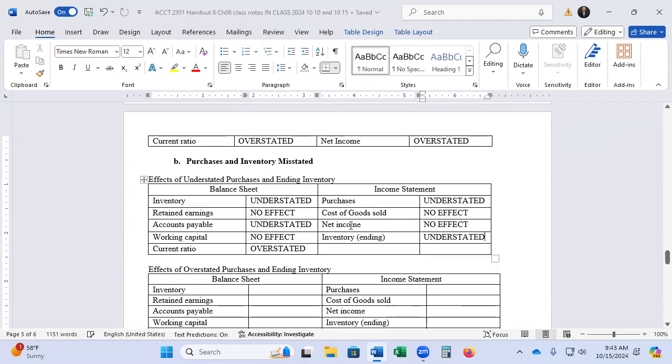Essentially, what we've done is subtract out the same amount from both of these. So it was understated in both. And so the inventory actually works out okay because you're subtracting kind of the same amount from both.